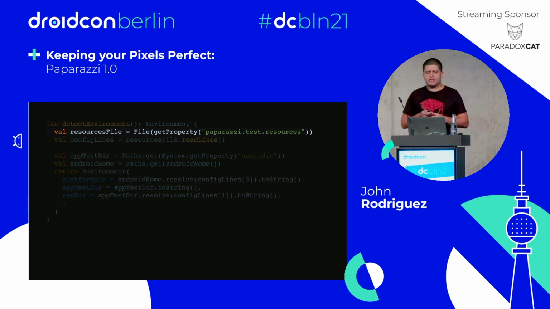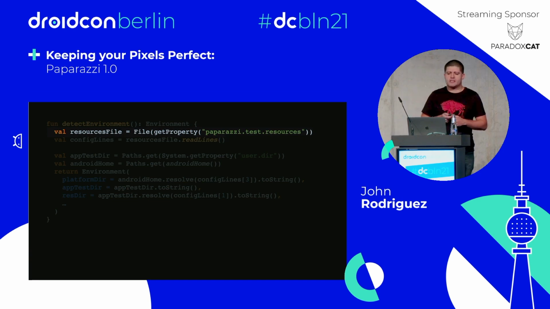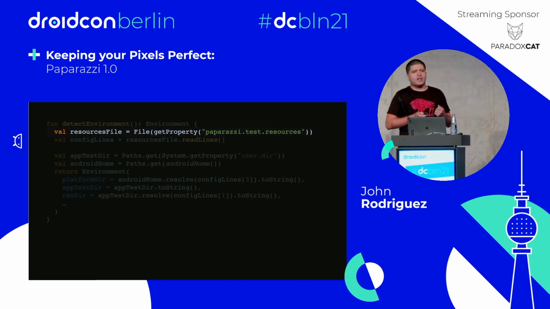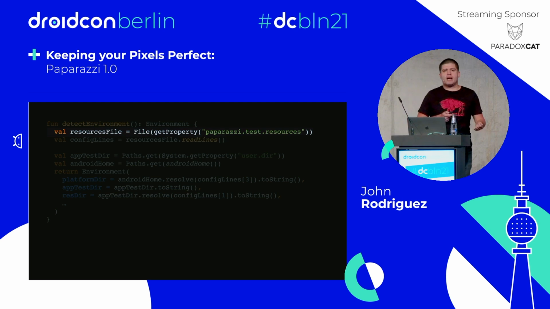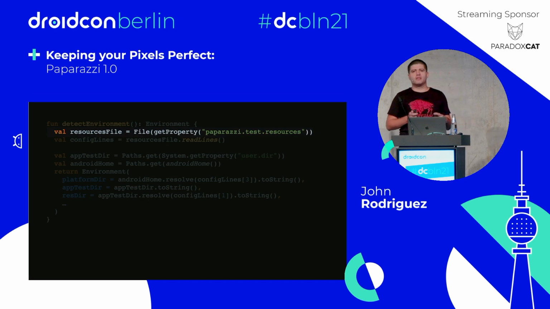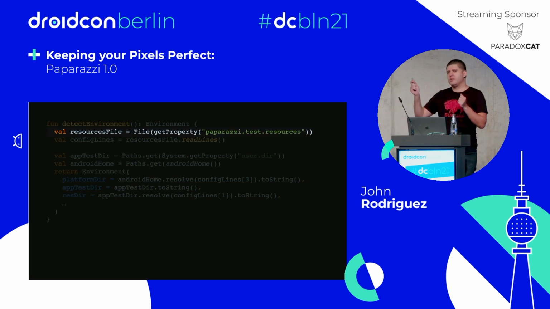One thing to point out is Paparazzi's environment is driven by this test resources file. If you've worked with Robolectric in the past, you may have noticed that Robolectric 2 or 3 used to also have a properties file where you had to almost point it to your transitive dependencies outside of what Gradle's configuration setup would look like.